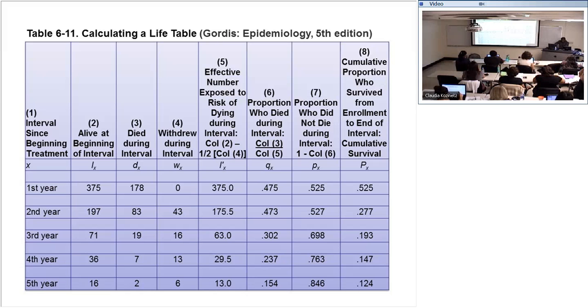So when we come to the second observation period, which is the second year, we had only 197 who were at risk or who were starting the second year. Then we know that 83 people died. We had lost to follow-up of 43 people. So those who were effectively at risk, we divide the 43 by 2.